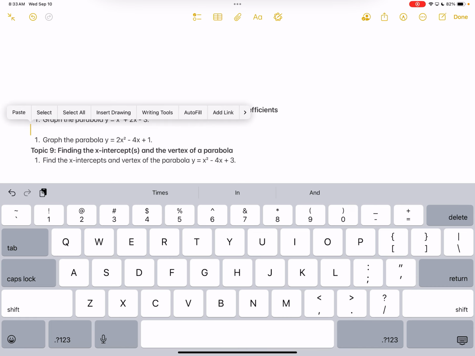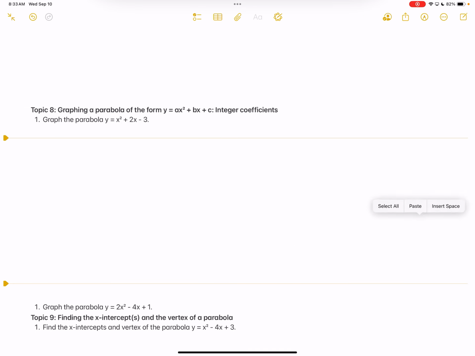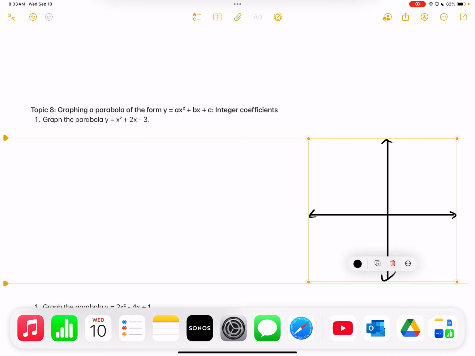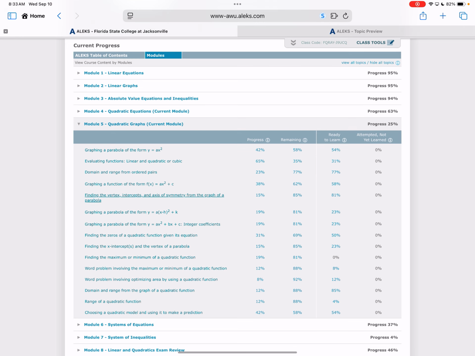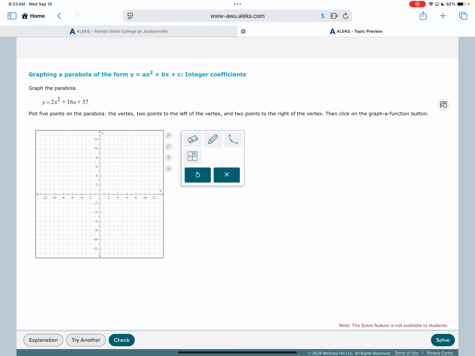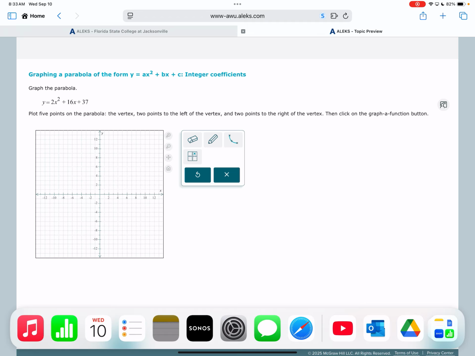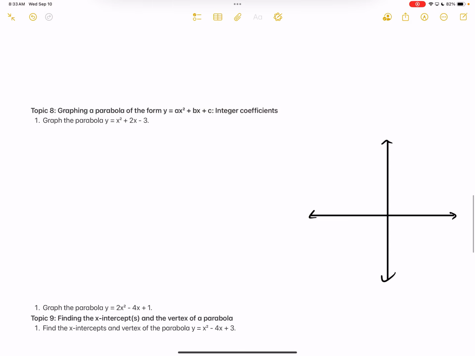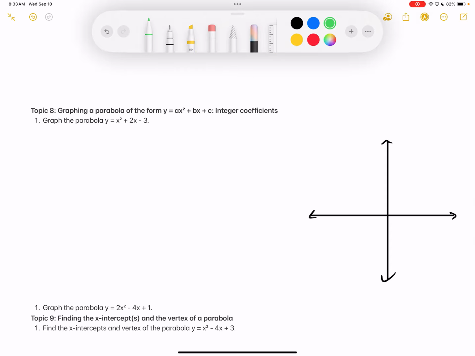Graph this parabola. Sorry, I want to go check to see what they tell you to do on this one to make sure. You got to do the vertex, 2 points to the left, 2 points to the right. Okay. All right. So this one is not in vertex form where we can just look at it and get the vertex.